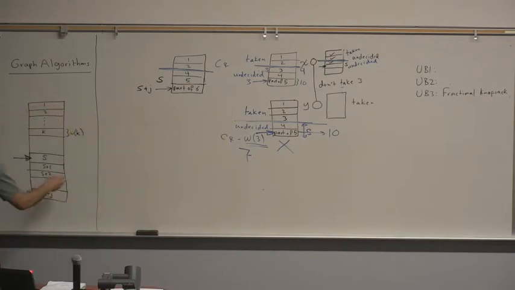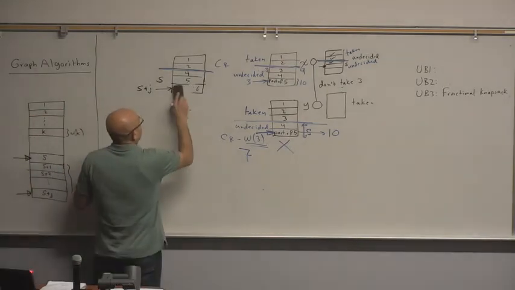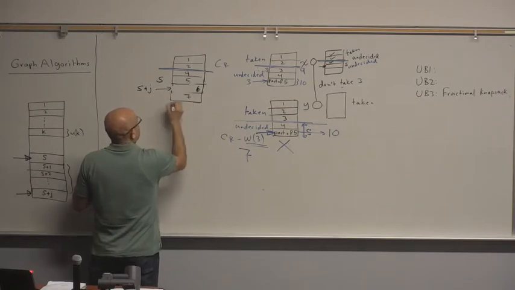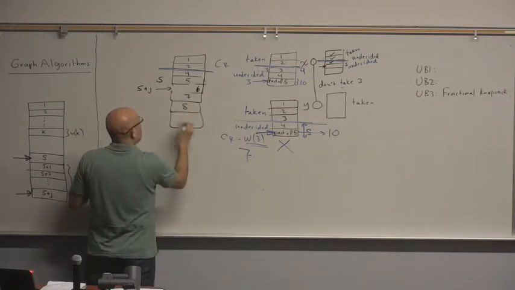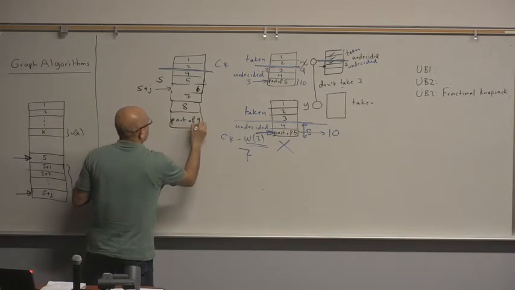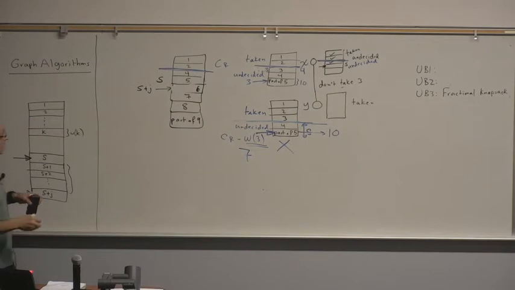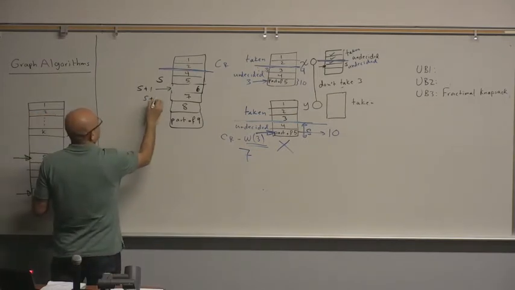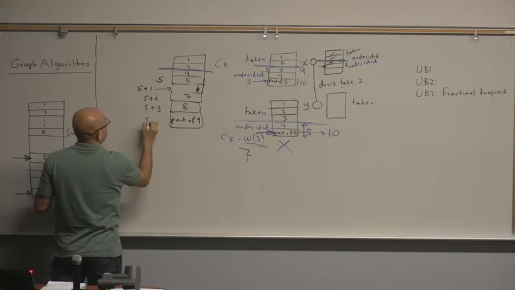If you have 3 items in between, then your j is 4. Right? So if there are 3 items in between, like if you take 6 and 7 and 8 and then part of 9, then this is s plus 1, this is s plus 2, s plus 3, s plus 4.